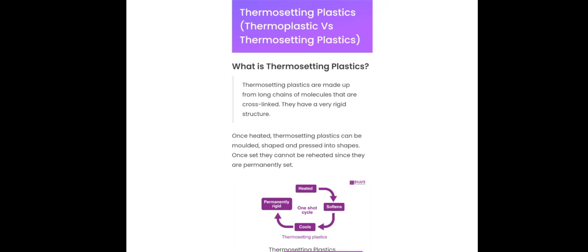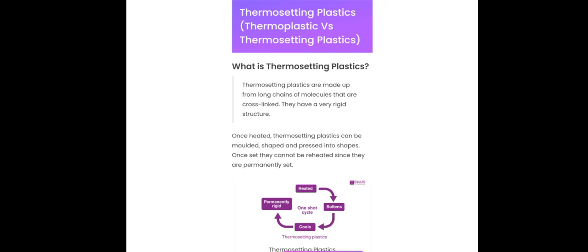Once they are heated, these thermosetting plastics can be molded, shaped and pressed into shapes. Once they set, they cannot be reheated since they are permanently set, and these types of plastics are called thermosetting plastics.